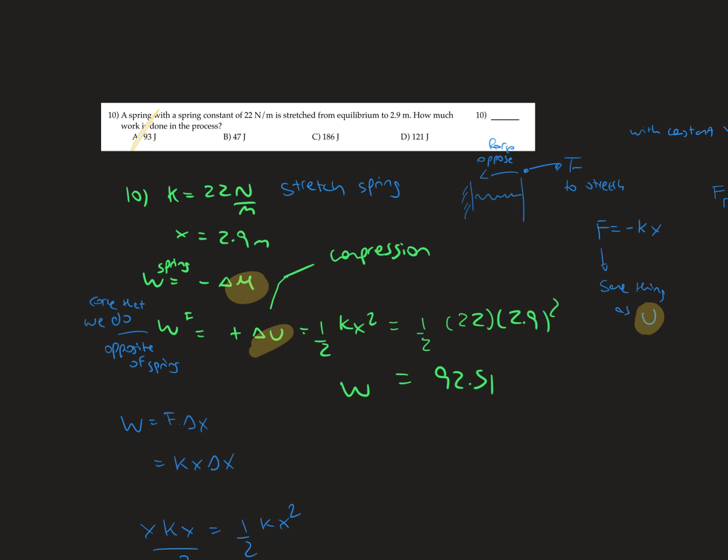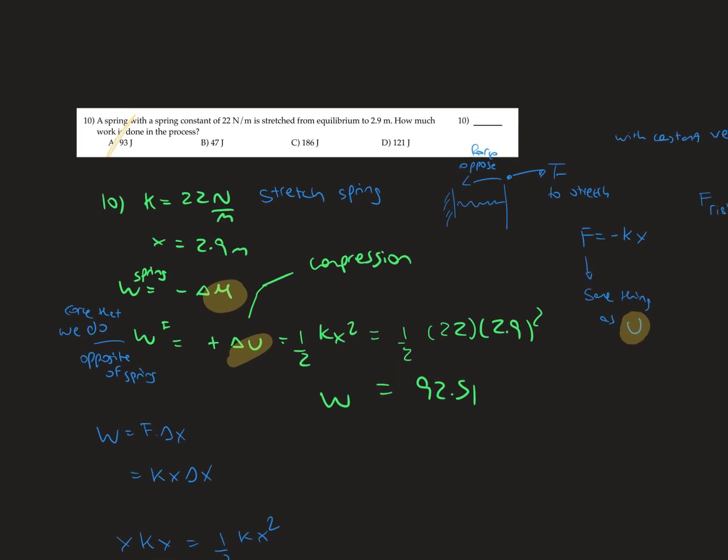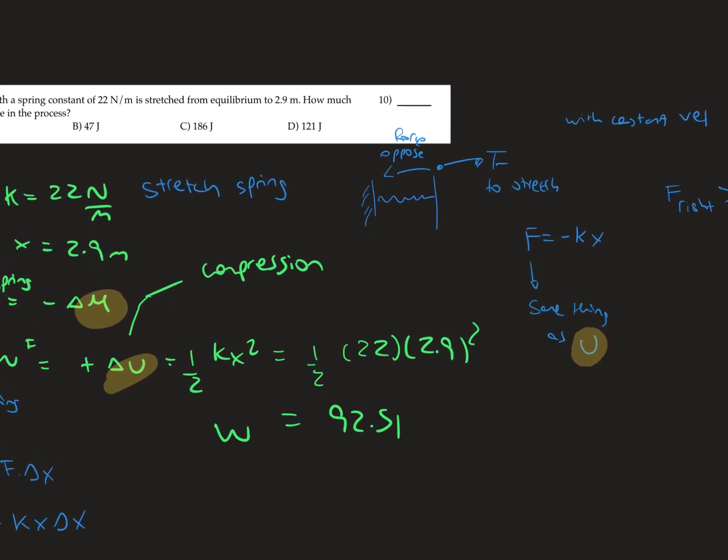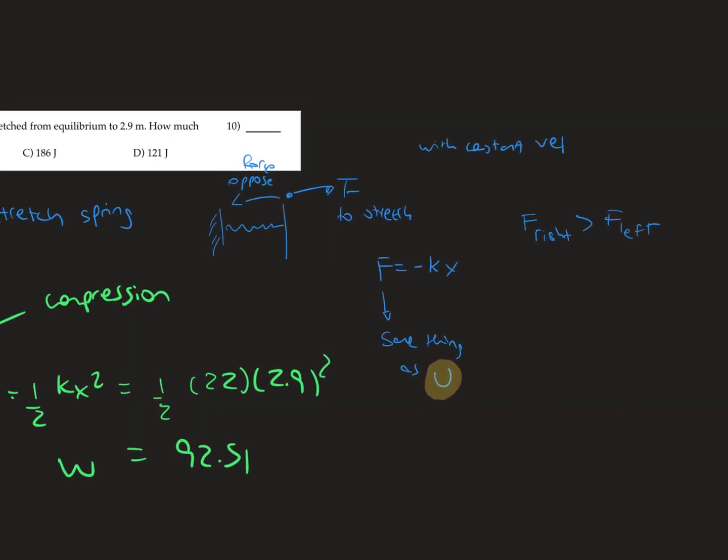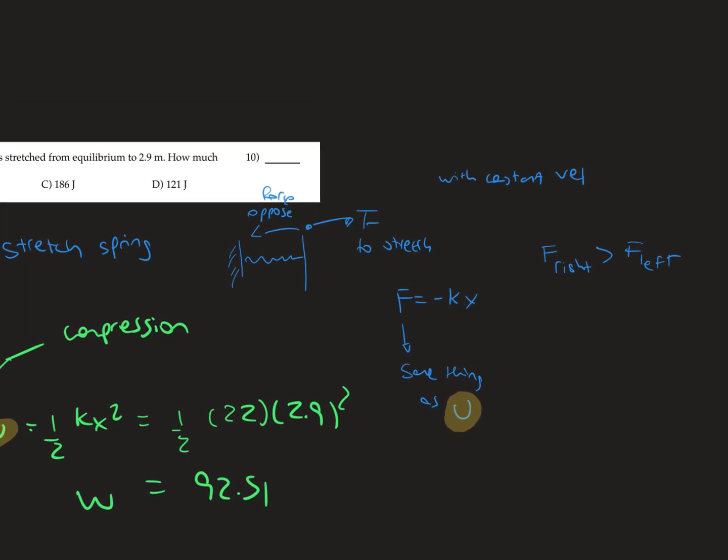We also know that when we stretch the spring, there are two forces, one going to the left and one going to the right, so we can stretch the spring. Of course, the force going to the right is much bigger compared to the opposite force going to the left.